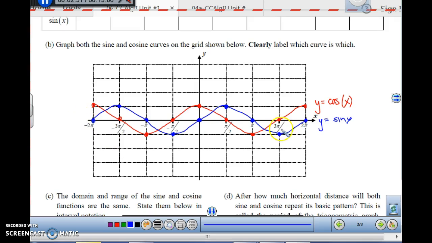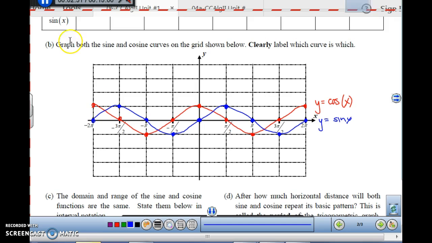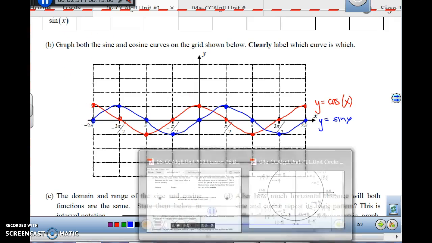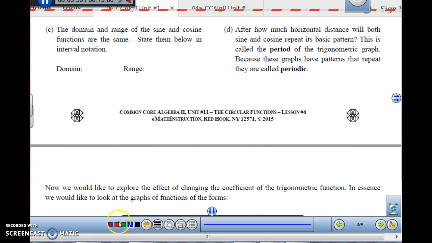This goes from negative 2 pi to positive 2 pi, but it can keep going the same pattern. So the domain is from negative infinity to positive infinity, which means any real number.